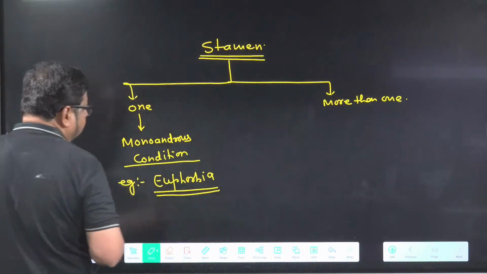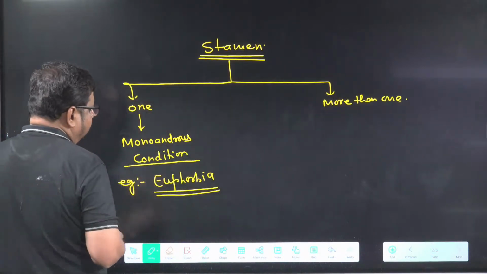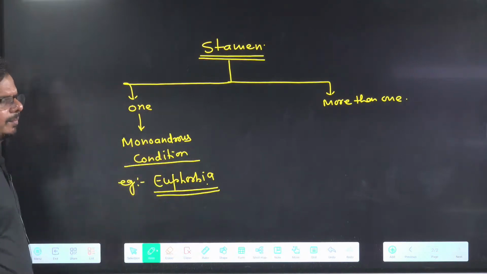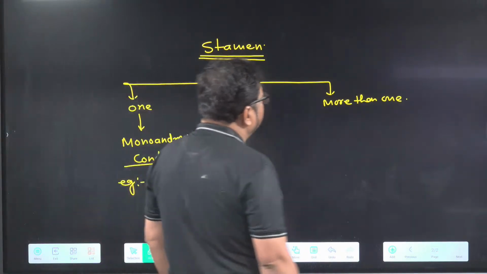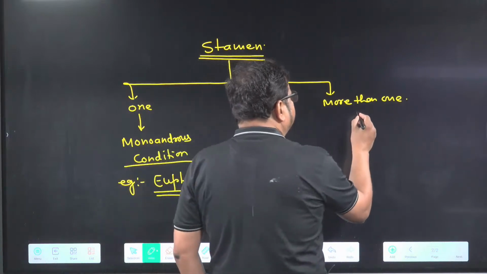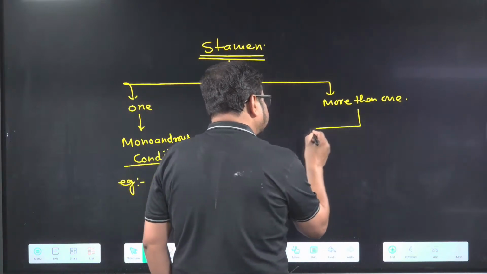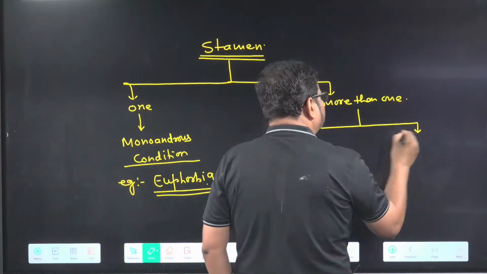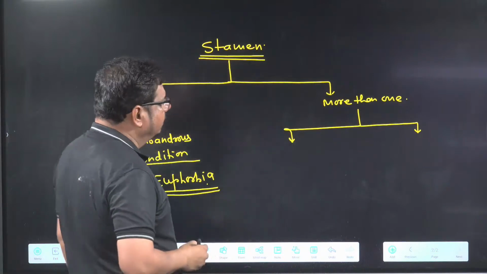This is called which condition? Monoandrous condition. An example of monoandrous condition is which one? Euphorbia. Now, if it is more than 1, it is of 2 types.